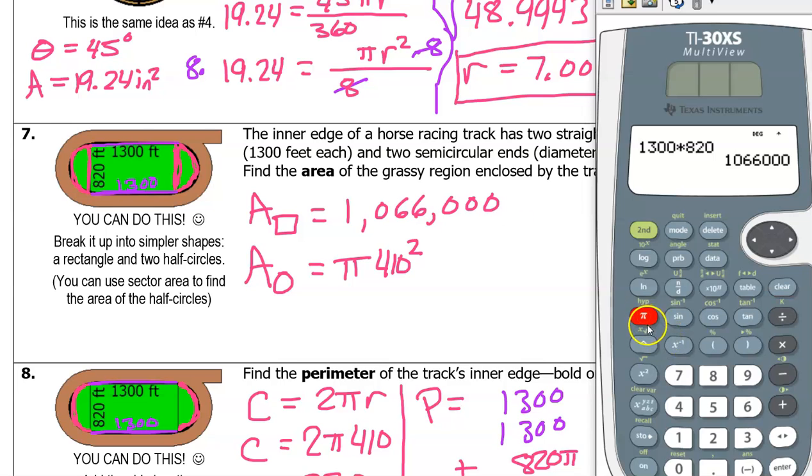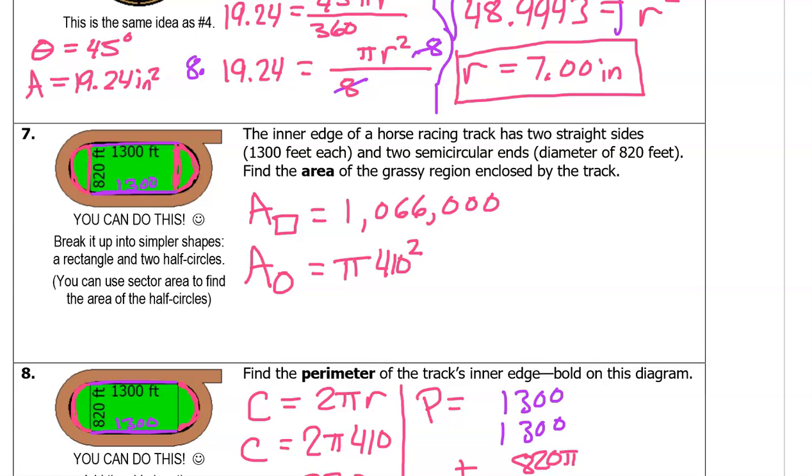So let's go ahead and do pi times 410 squared. All right, don't worry. The squared is only squaring the 410, not the pi. So we get this. I'm just going to leave it like this, actually. 168,100. So it really just only squared the 410.